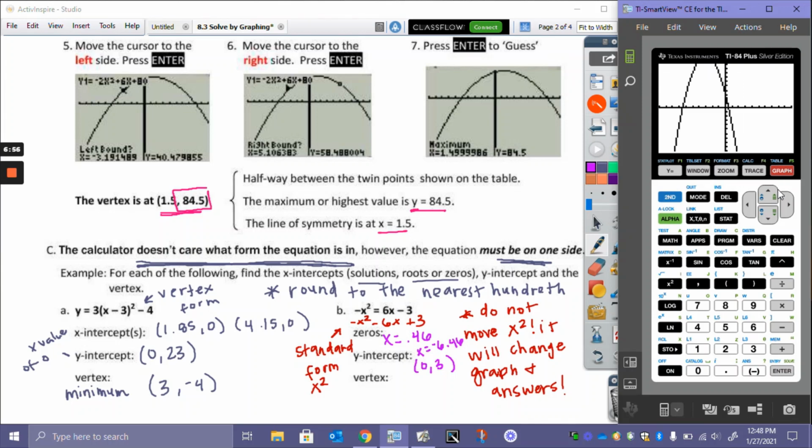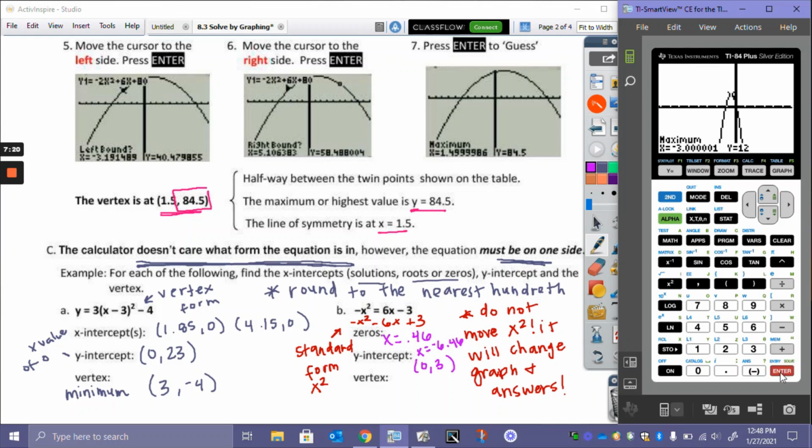Okay, and then if we're looking at our graph, we know that our maximum, our vertex is up here, so that makes it a maximum. So let's go ahead and zoom out. And now we can see it fully. So we hit second trace, and we're looking for a maximum. So we hit 4, left bound, enter. Right bound, enter, guess, yes.